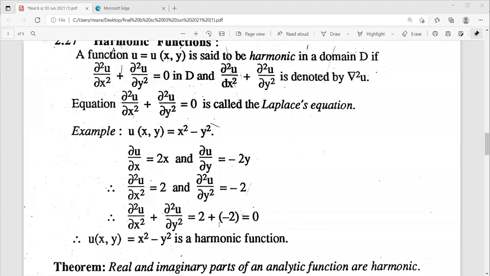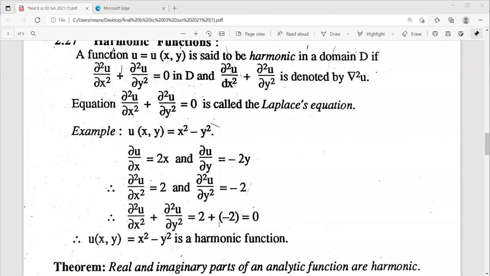Will you verify it? Next, u equals tan inverse y by x. That is also harmonic. You can check this.